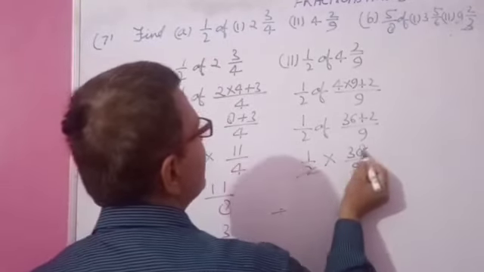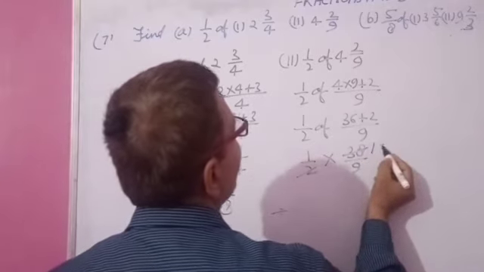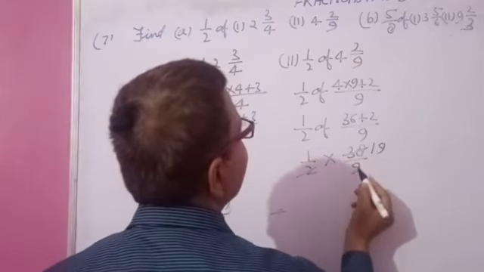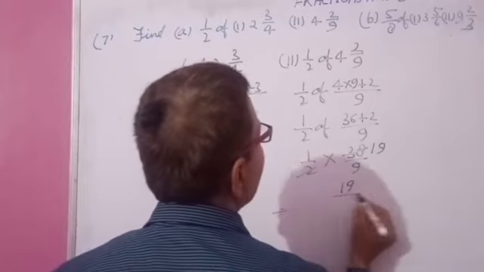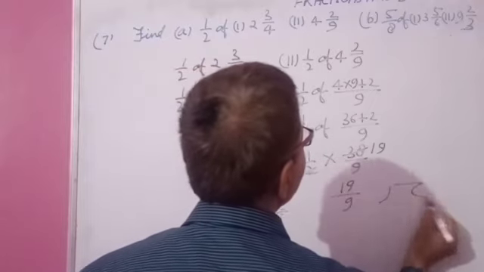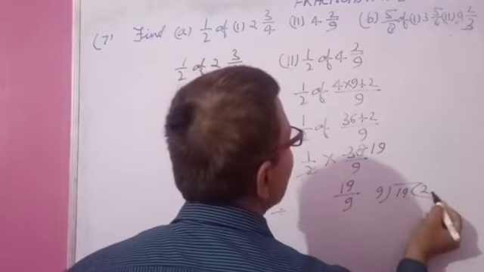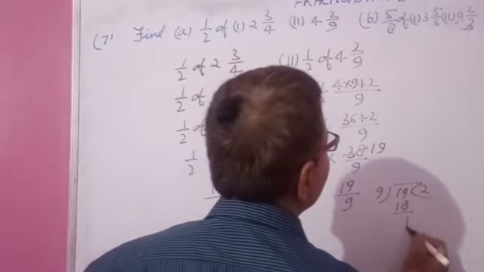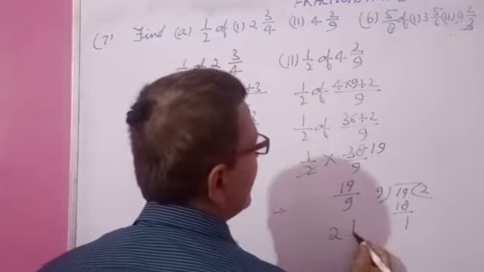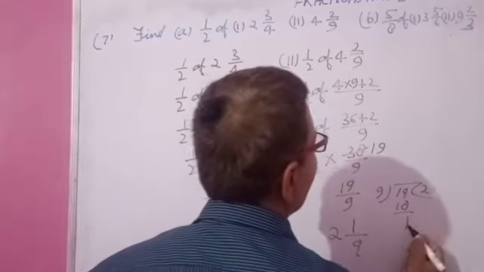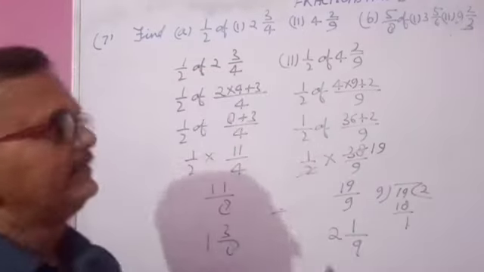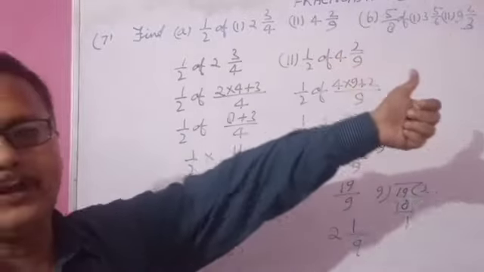It is simple. 2 1s are 2, 2 9s are 18. 19 upon 9. You can change this into a mixed fraction. 9 2s are 18. So 2 whole 1 upon 9. This B part you will do on your own.